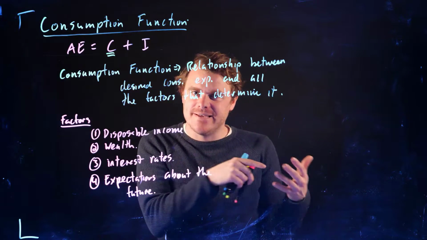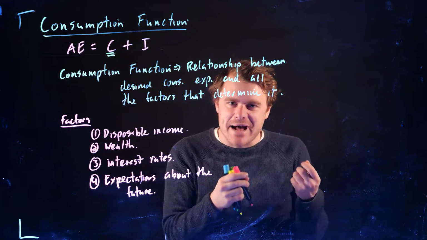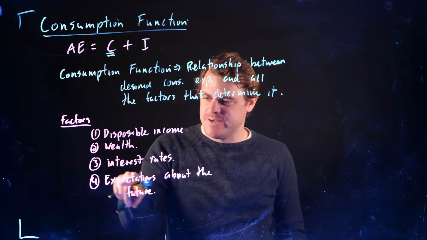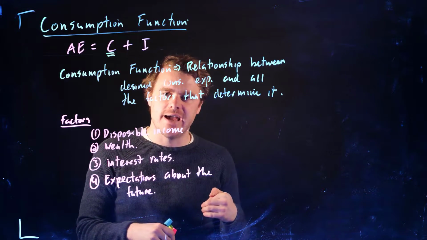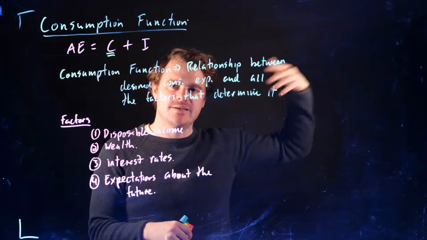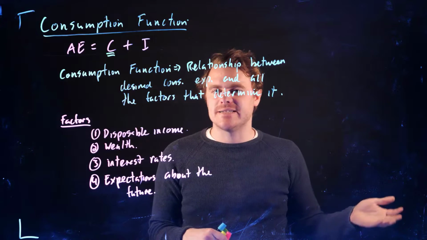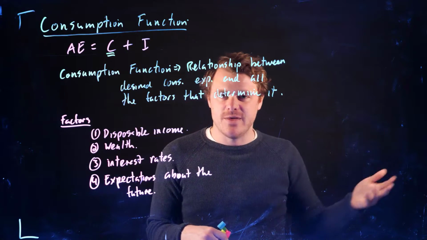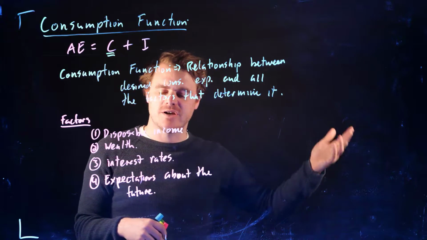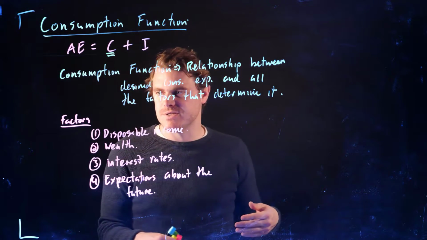So how are we going to get this dynamic aspect into our model in the simplest way possible? We can add these expectations about the future, and that's going to affect what you do today. If you think the economy is going to do worse in the future, that might affect how much you consume today. You might save more today because you think the economy and your income is going to go down in the future, and vice versa.